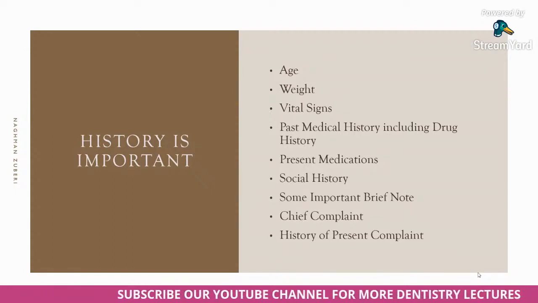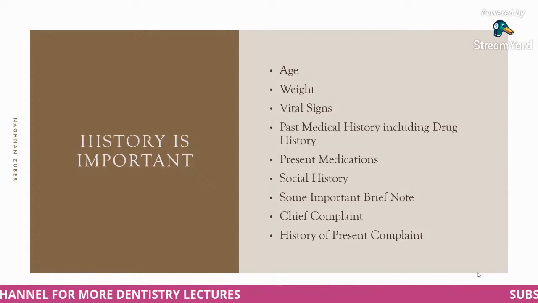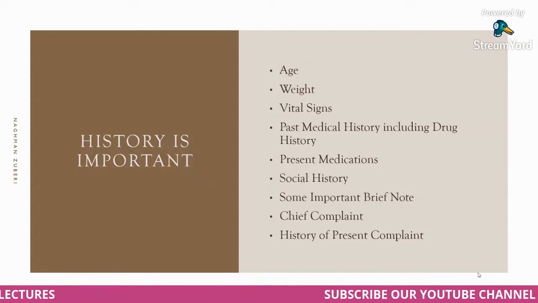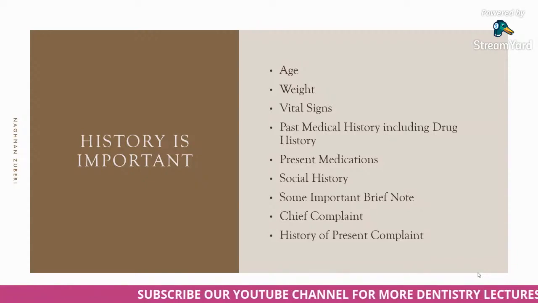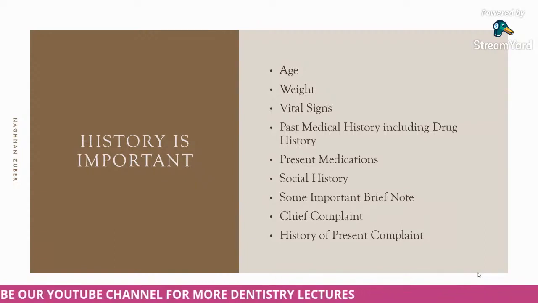And that is why a patient may have a history of some cardiac problem or hypertension or maybe a repaired congenital heart defect. Again, it is very important how long ago the congenital heart defect was repaired, and whether they will require premedication or not.